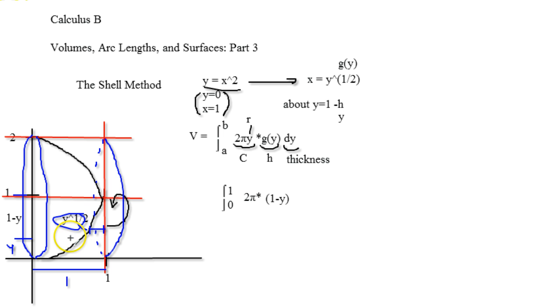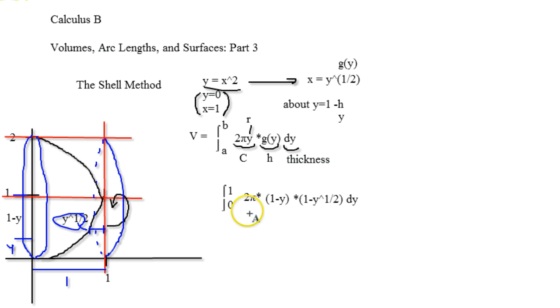So in other words, it's also going to be 1 minus y to the 1/2. Something that looks like this. And then to represent our thickness, I would just have the dy right here.